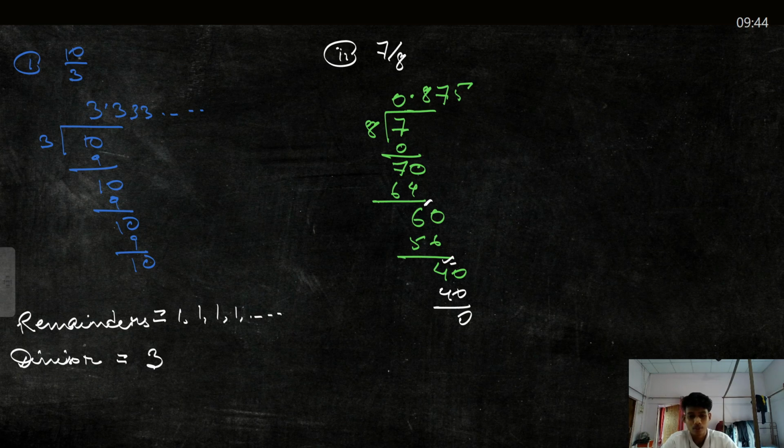It becomes 0. Therefore, remainders are 6, 4, and 0. And here the divisor is 8.